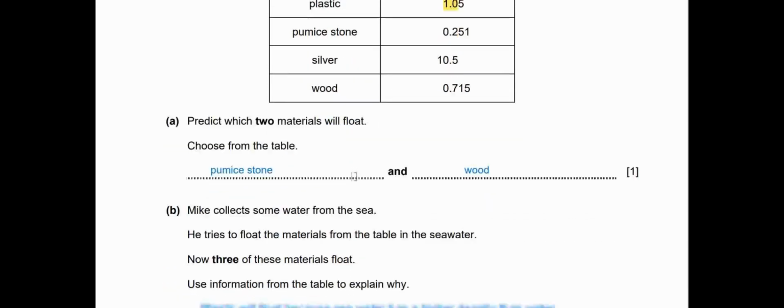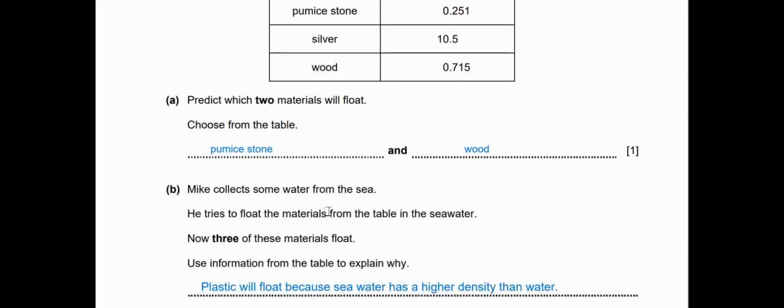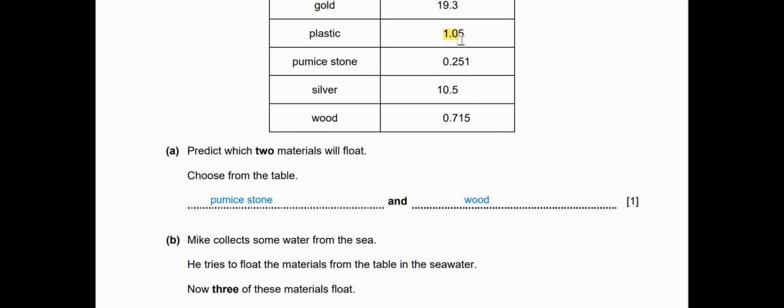We type down: plastic will float because sea water has a higher density than water. So even plastic at 1.05 will float in sea water.